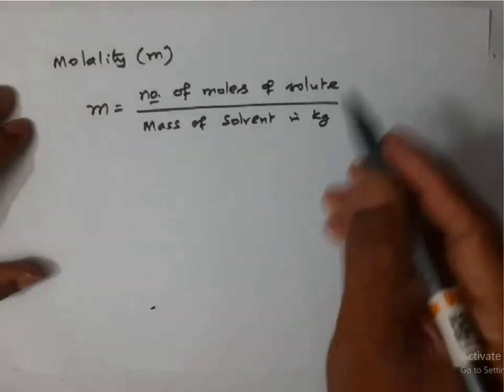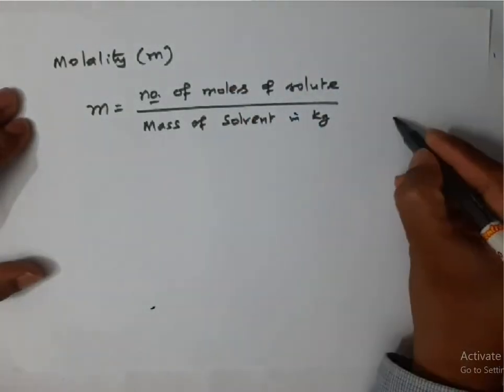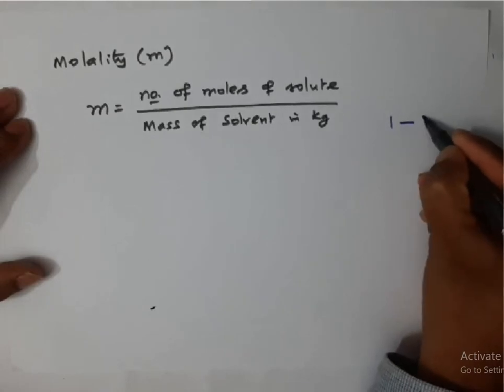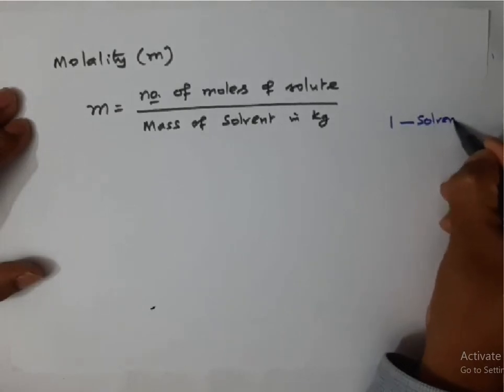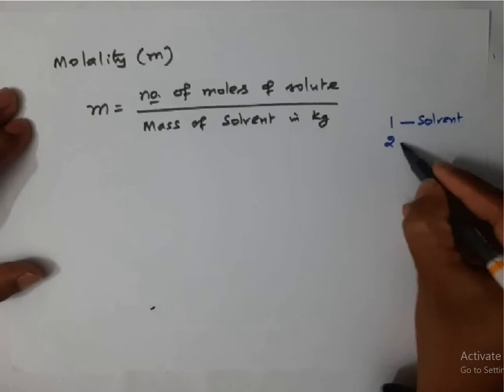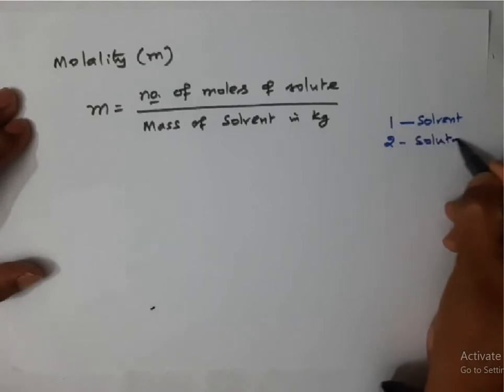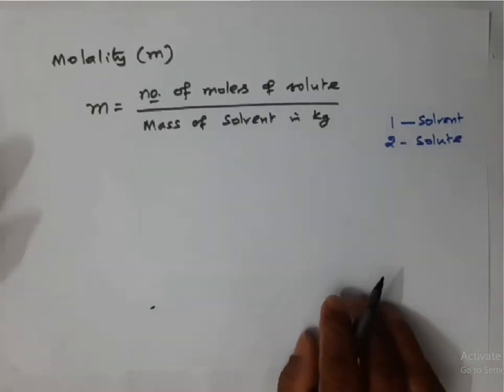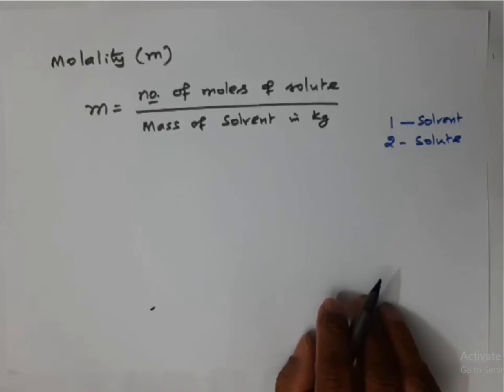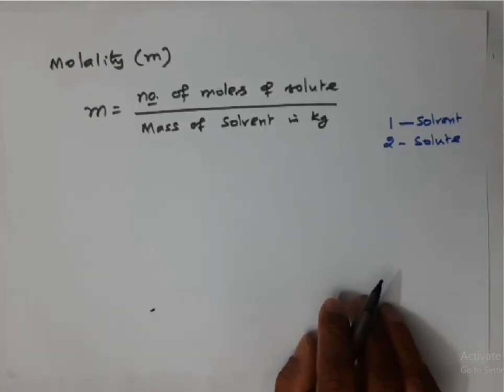And I have told you in solution chemistry, number 1 represents solvent and number 2 represents solute. Wherever I put 1, it means solvent, and if you put number 2, it means solute.